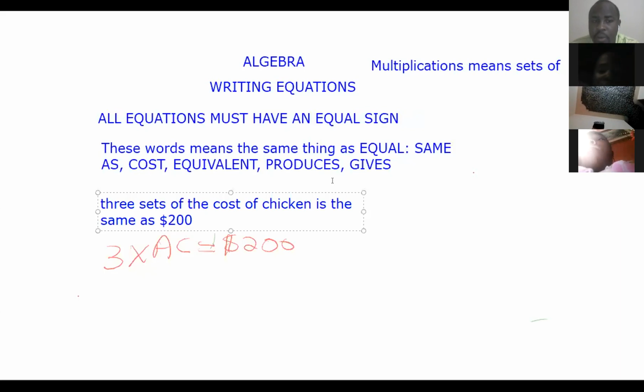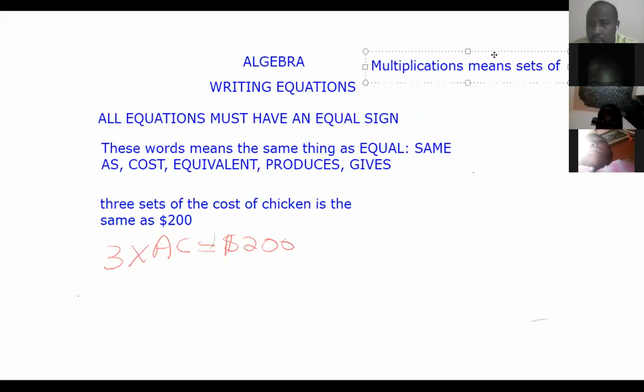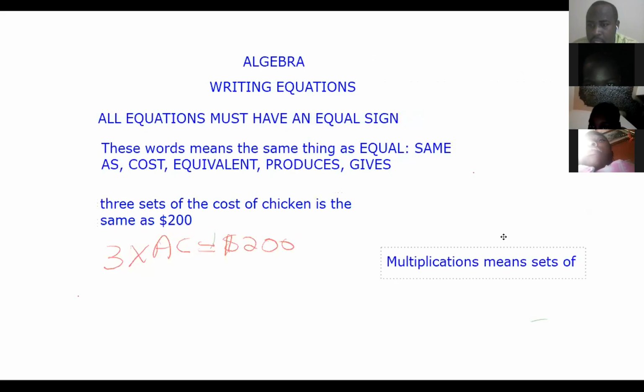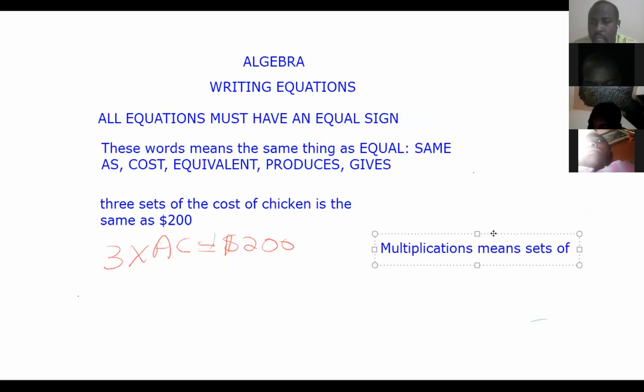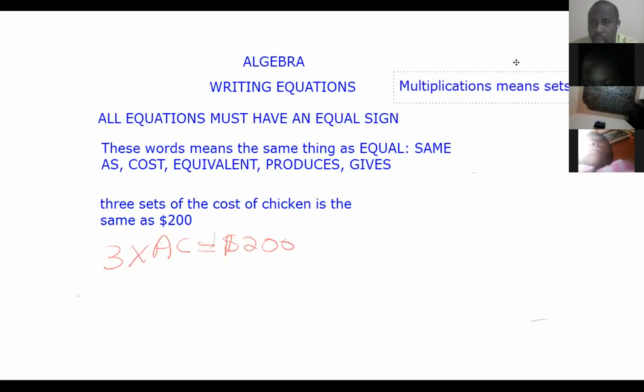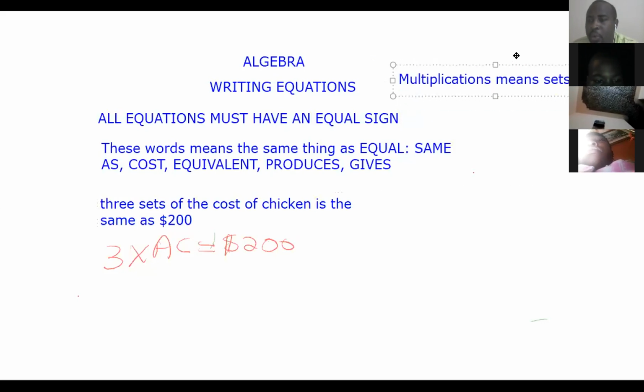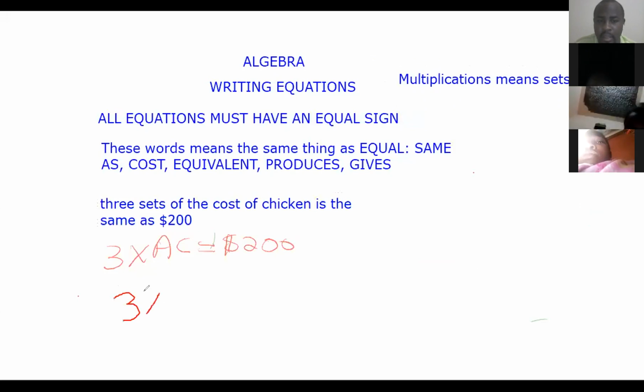Yes, sir. If you look at this statement, it says 3 sets of. What did we say sets of means? Look up here, Devonique. Multiply, right? Good. So when you see the words sets of, you're to multiply. So we can begin this statement like Zaria has here: 3 sets of, which means multiply, the cost of chicken.